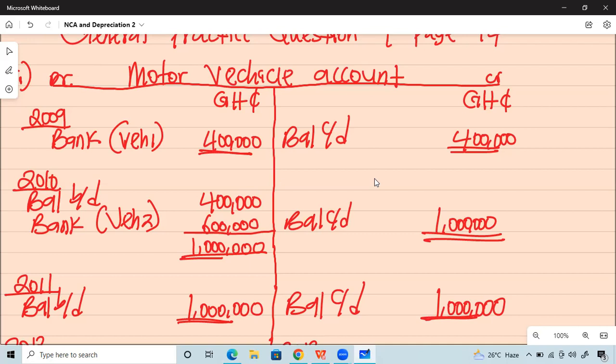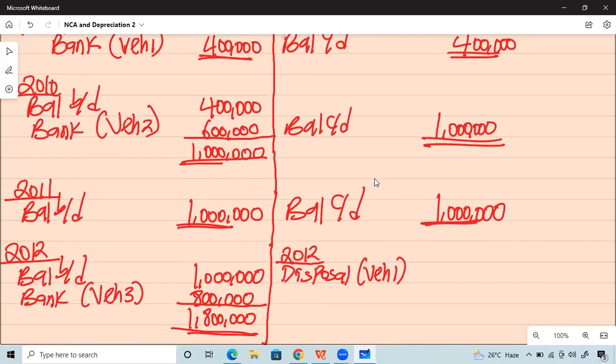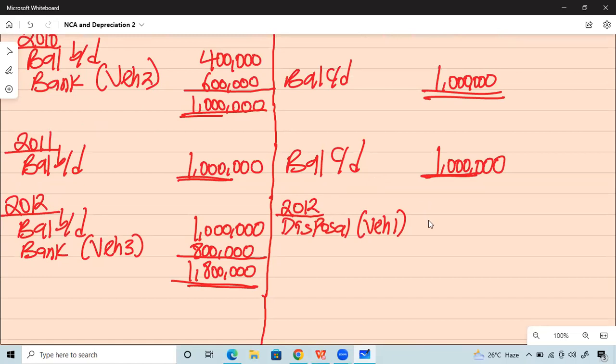You are going to record the cost of the asset. How much did you buy vehicle one for? It is 400,000. So you say now 400,000. And you know already, if your asset is reducing, you credit. So what is the balance now? That's 1.4.